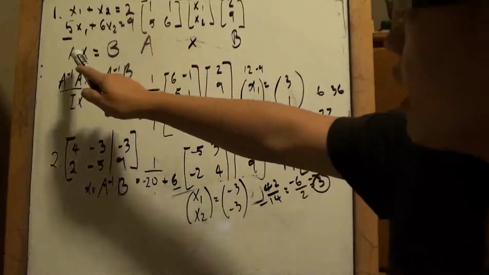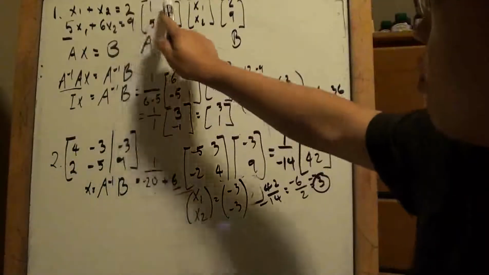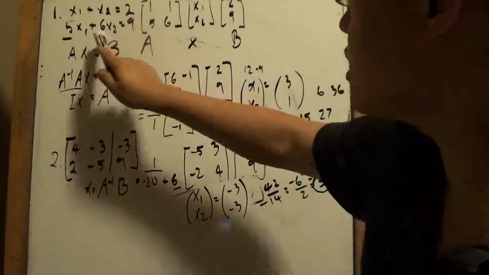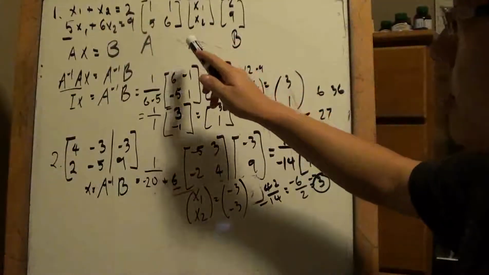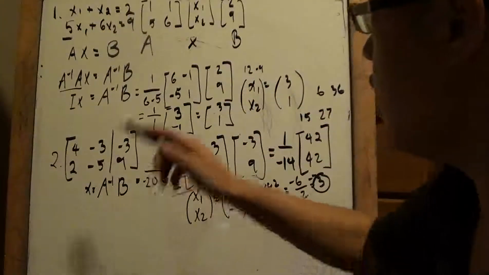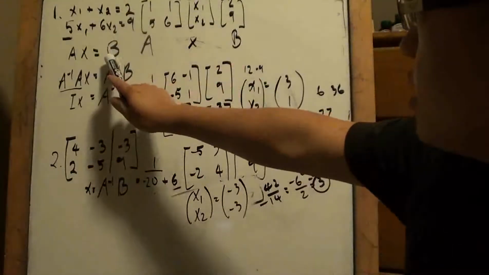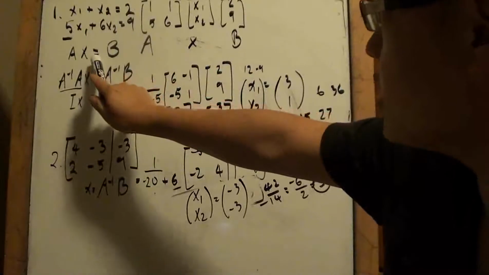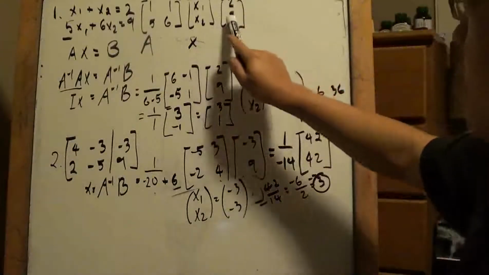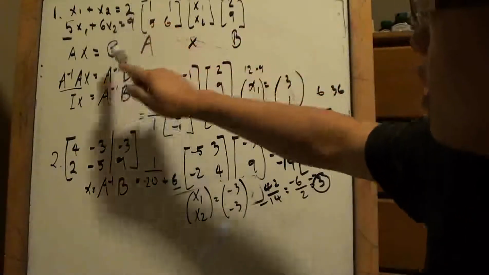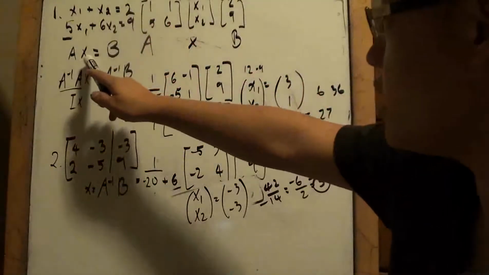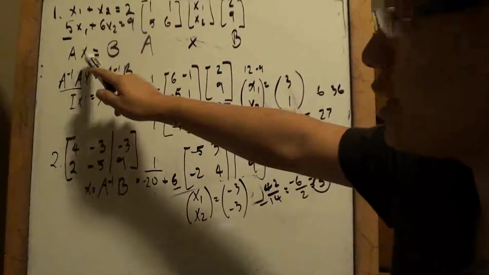So A will be represented by 1, 1, 5, 6. The constants will be B, hence the fact that B is on the right of the equal sign. So B will be 2, 9, as shown here. X is just the unknown variables, and that is our prize here.